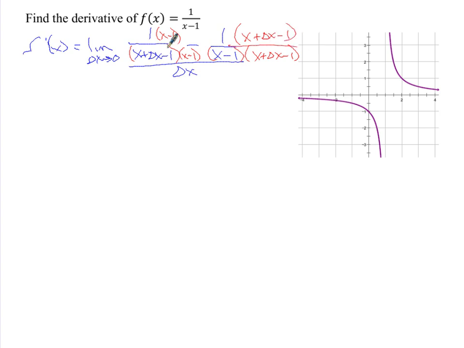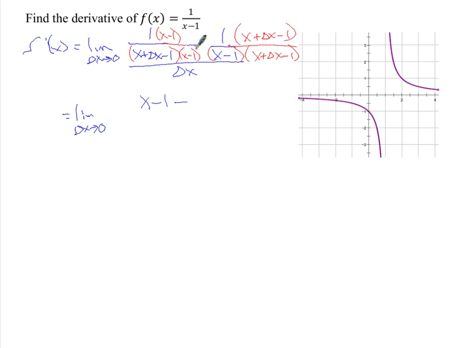Again with the fancy ones. So now I have equals the limit as delta x approaches 0 of x minus 1 coming from this minus. Are you distributing or am I putting parentheses in?